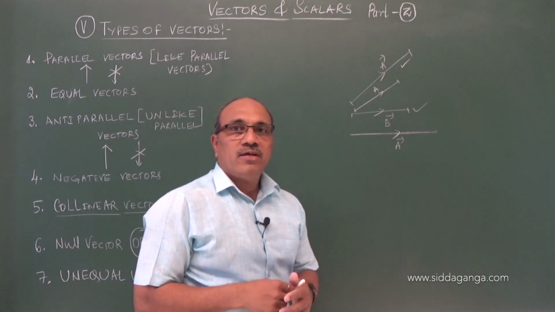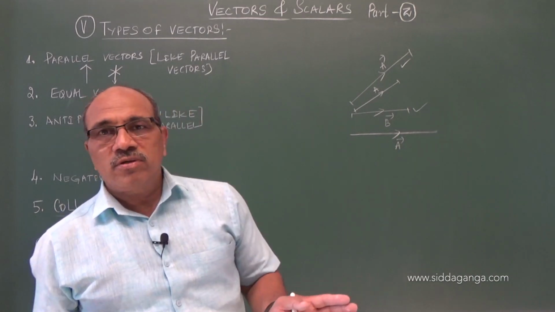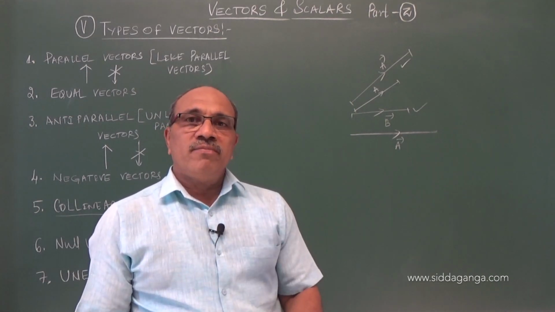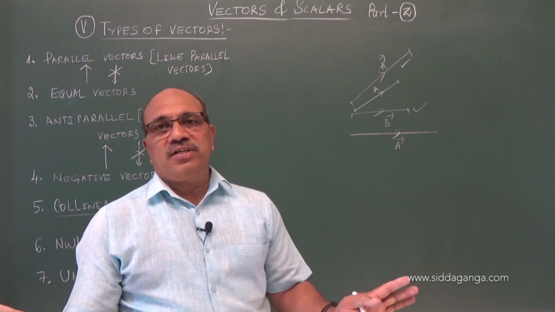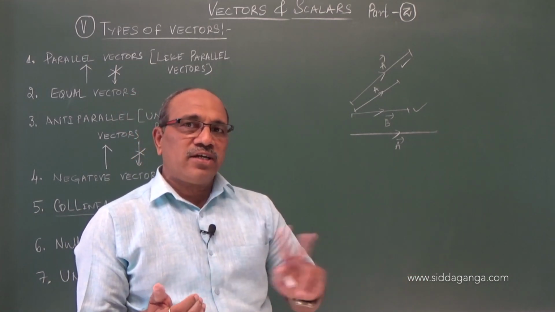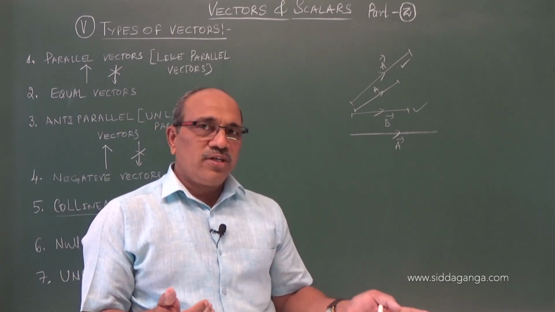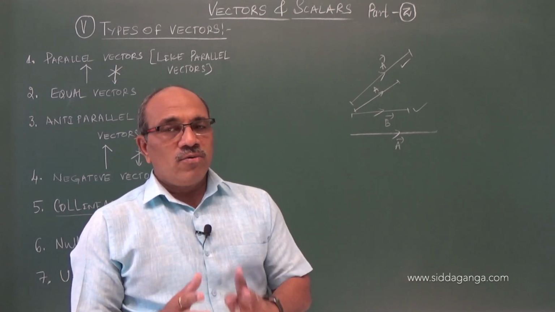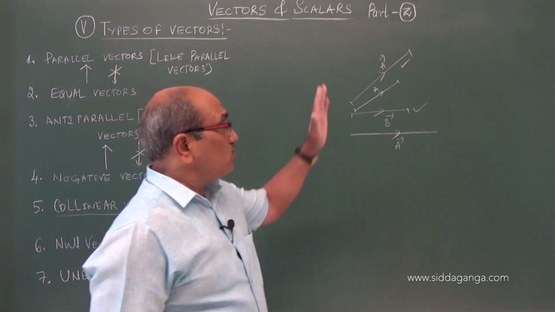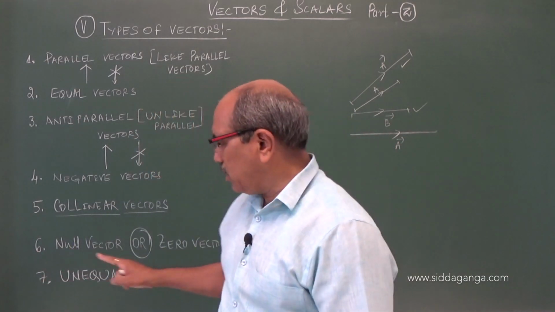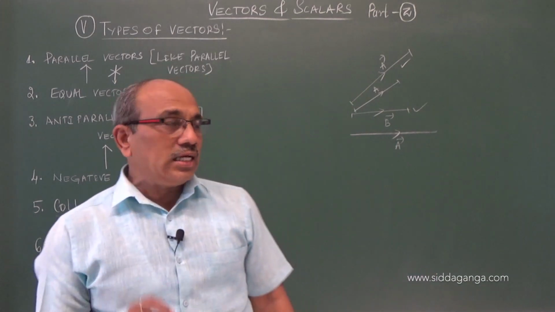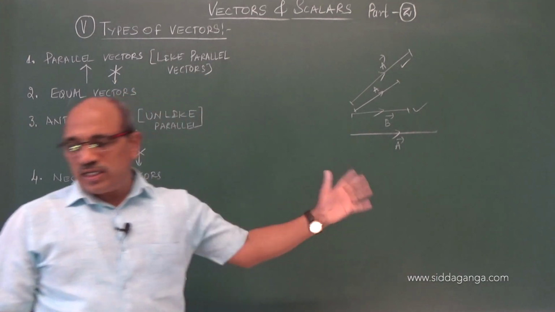A vector may have different magnitude, different direction, or any one of them, or both of them different. Either only magnitude changes, or different direction, or both magnitude and direction may be different. Then such vectors are called unequal vectors. I hope I have clearly explained with the example. Let us come to the next one.